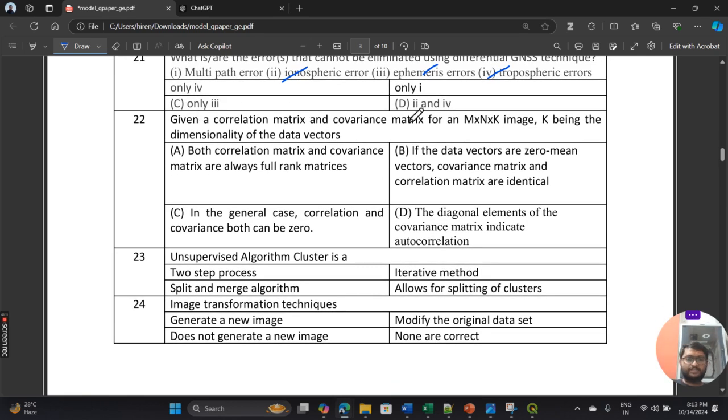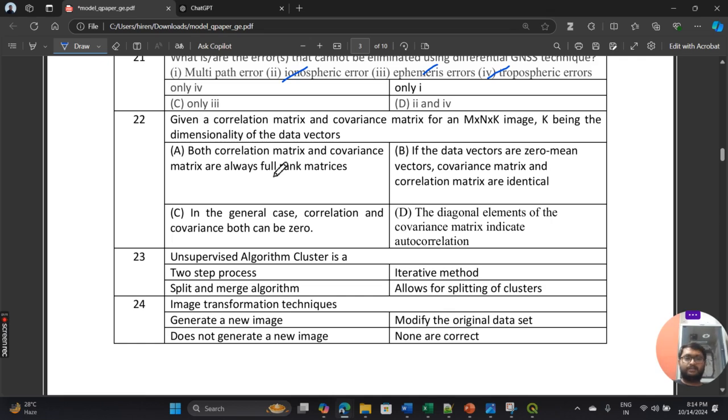Given a correlation matrix and covariance matrix for an M cross N cross K image, where K means the dimensionality or different bands in the image, which statement is true? Both correlation matrix and covariance matrix are always full rank matrices. In the general case, correlation and covariance both can be zero.